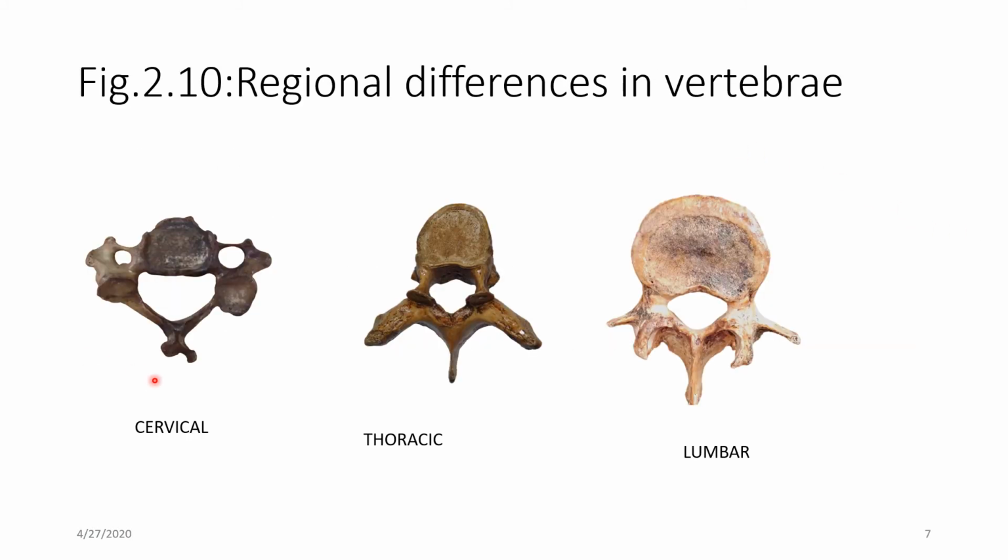Here you can see the regional differences in vertebra. See the bodies of vertebra in the cervical, thoracic and lumbar regions, which is increasing as it is coming towards the lumbar region, and you can see the vertebral foramen size in the cervical, thoracic and lumbar regions, and then you can see the laminae, the pedicles and the spine, which shows the differences in the cervical, thoracic and lumbar regions.